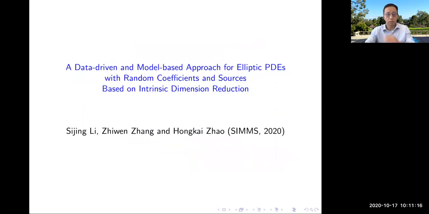So then we will see some reasoning behind our study. The first thing, we'll present a concrete example: if I know there's some underlying low dimensional structure, can I utilize that? Here is joint work with Sijin Li and Jiwen Zhang at Hong Kong University.